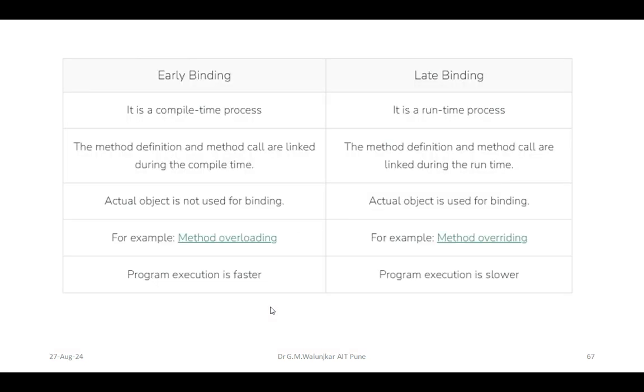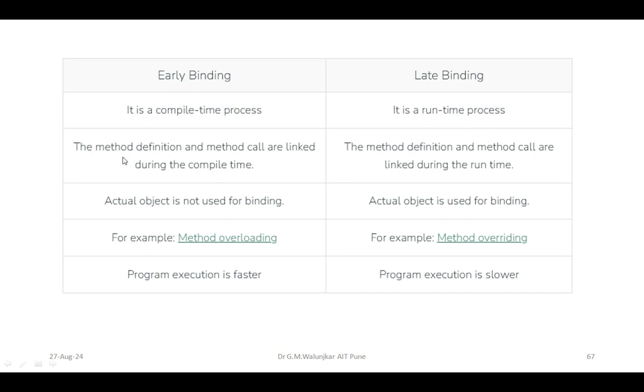Now let's have an overview of the differentiating factors between early binding and late binding. The first differentiating factor is that early binding is a compile time process. So before your program goes to run time, the early binding happens. Late binding is a runtime process, as we have seen in the previous method.